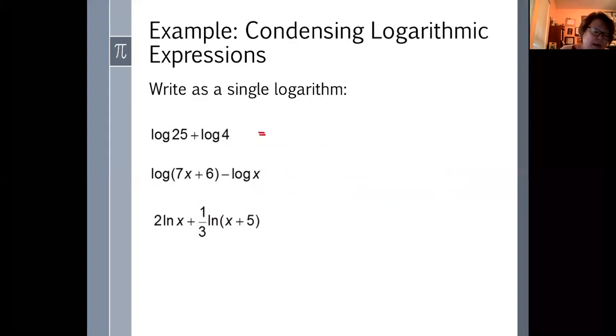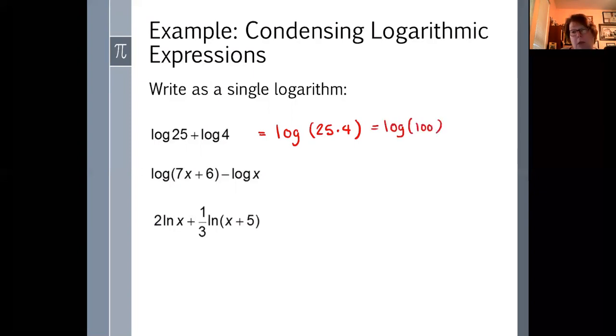So we could write this as the log of 25 times 4. And you notice I put the 25 times 4 inside parentheses so that I know I'm taking the logarithm of that product. 25 times 4 is 100. So this is equal to the log of 100.